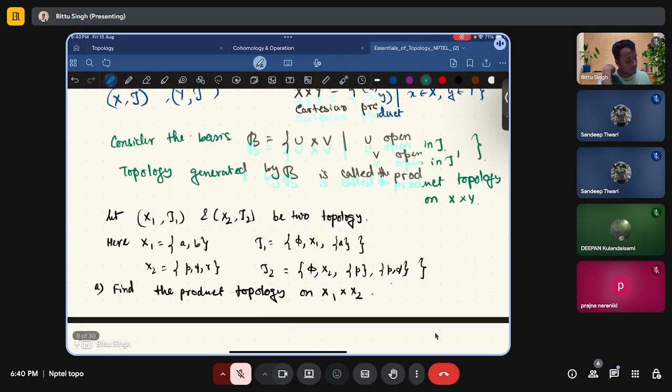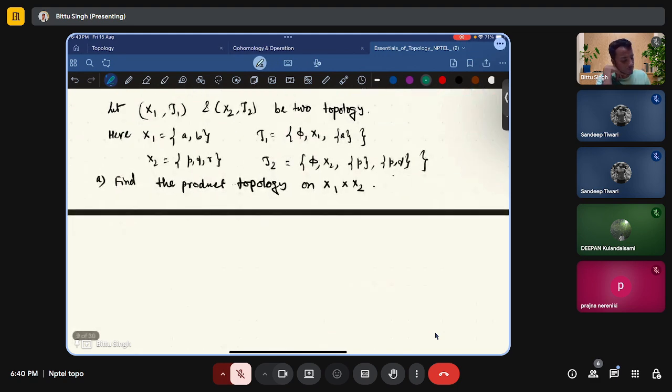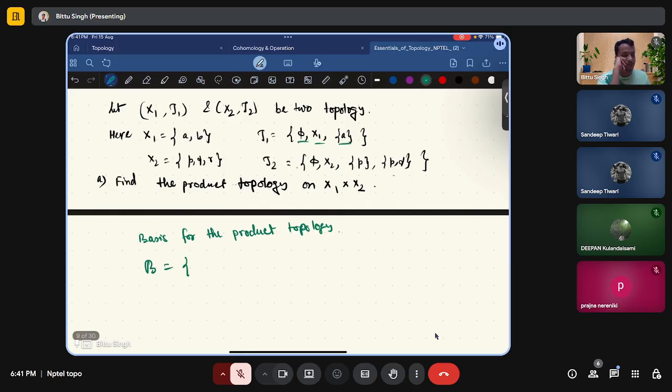So the first thing is we need to see the basis for this topology. Okay, basis for the product topology. So what will be the basis? Script B, it will be of this form. So those are open sets. We need to take product of those open sets.